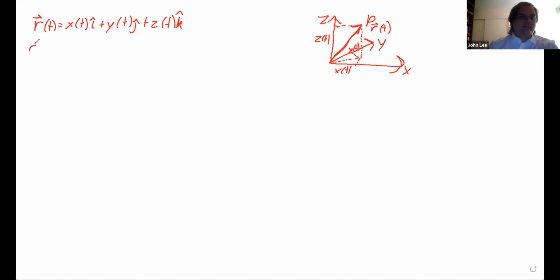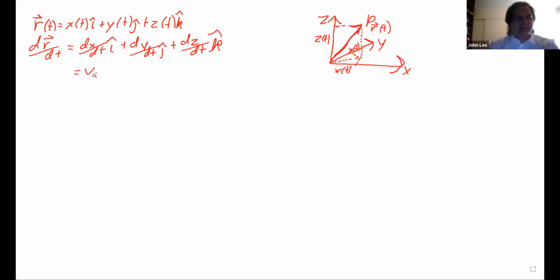So when we take the derivative of this, dr dt, that just gives us dx dt i plus dy dt j plus dz dt k, which is equal to vx of t i plus vy of t j plus vz of t k.